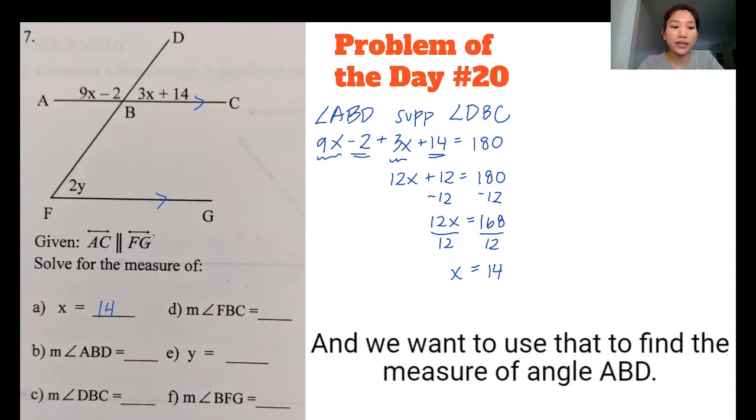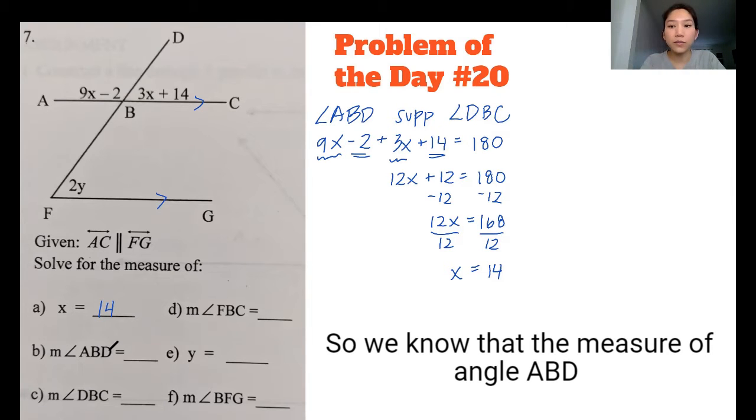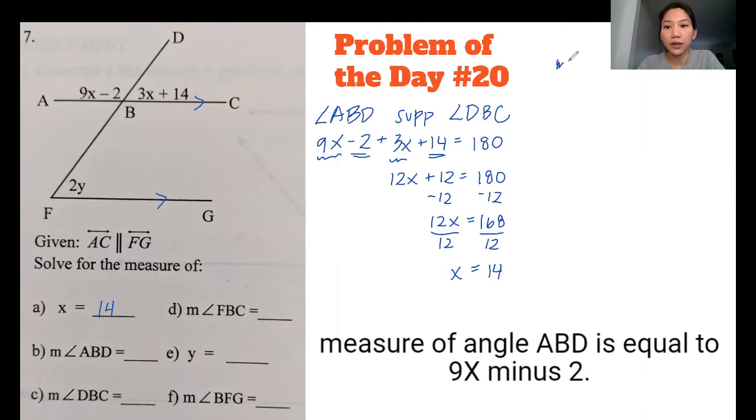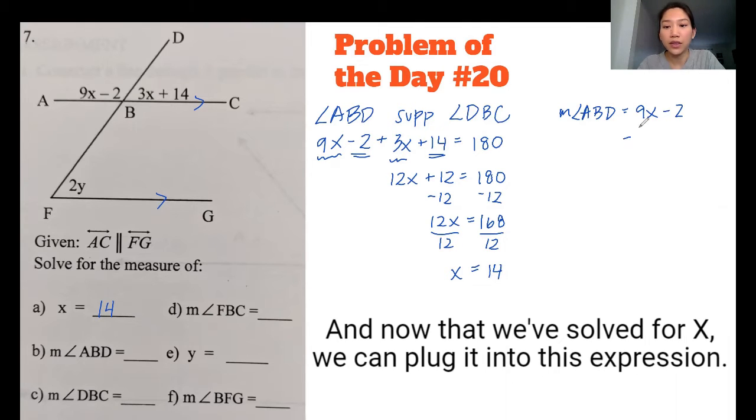And we want to use that to find the measure of angle ABD. Okay, so we know that the measure of angle ABD is equal to 9x minus 2. And now that we've solved for X, we can plug it into this expression.